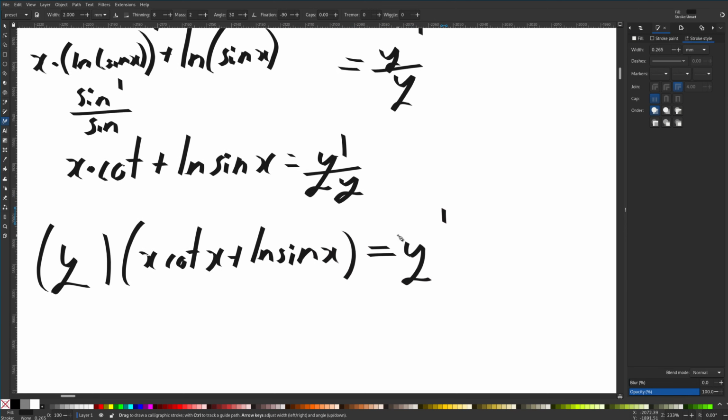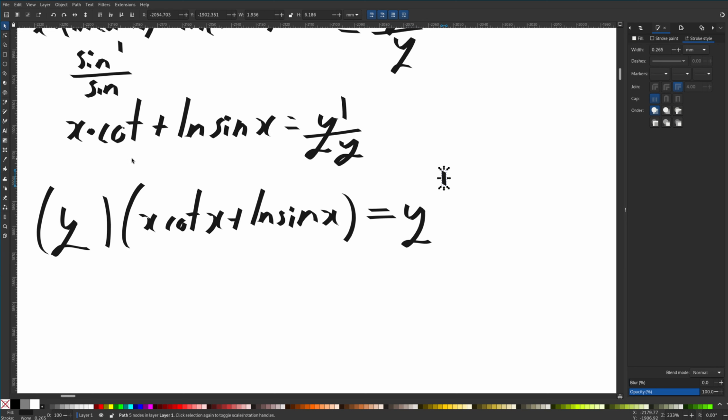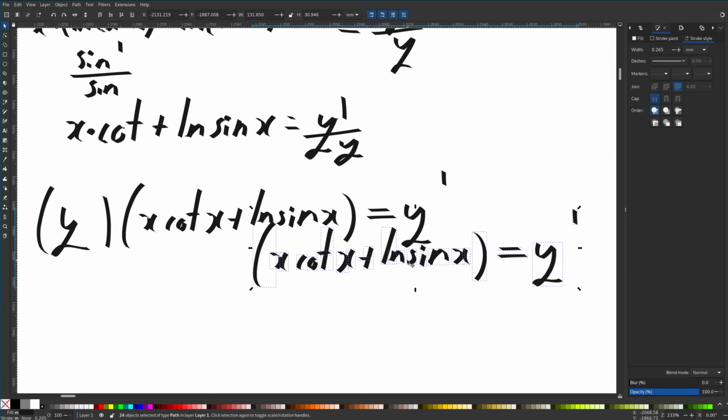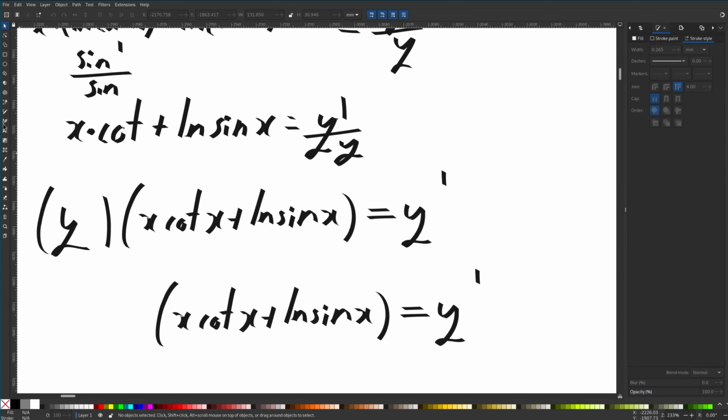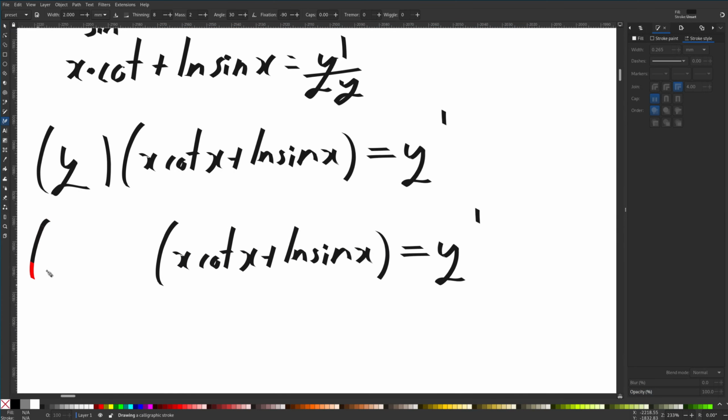And finally, we can substitute this y term. And this is our final derivative.